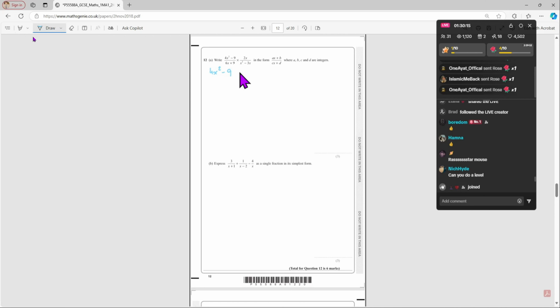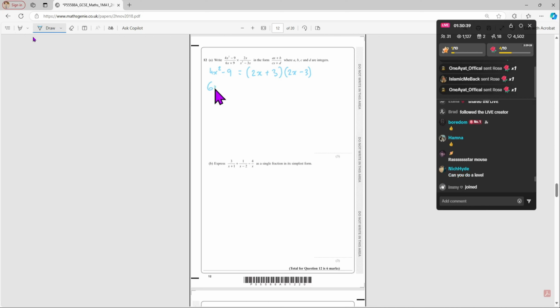The way we factorize this, we know that this is a difference of 2 squares, so we're going to use our a plus b and a minus b brackets. So it's going to be 2x plus 3 and 2x minus 3. That's our factorized numerator. And we're going to do the same thing with 6x plus 9.